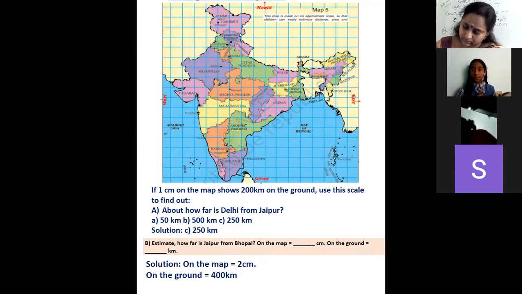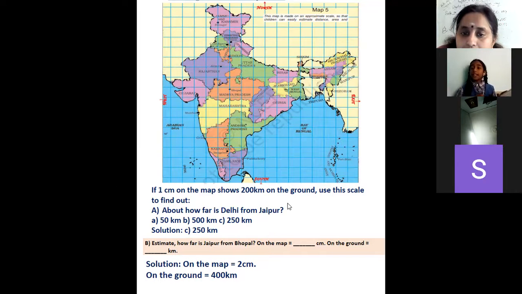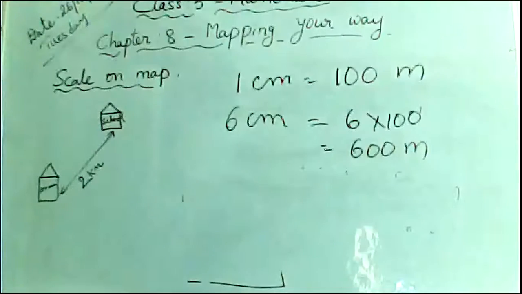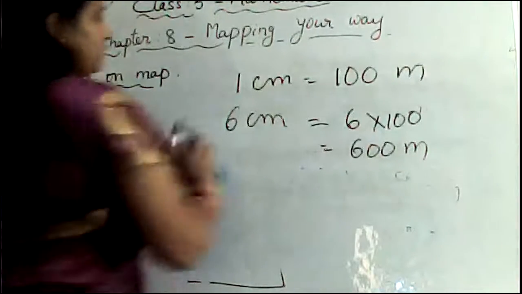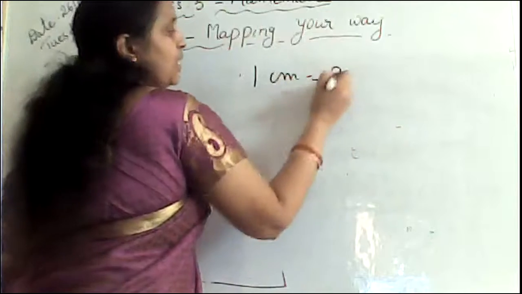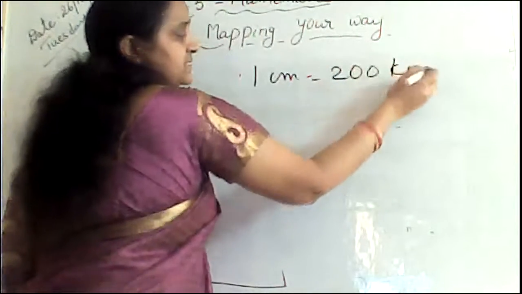Students guess 200, 250 kilometers. 1 centimeter equals 200 kilometers. It is given for us.